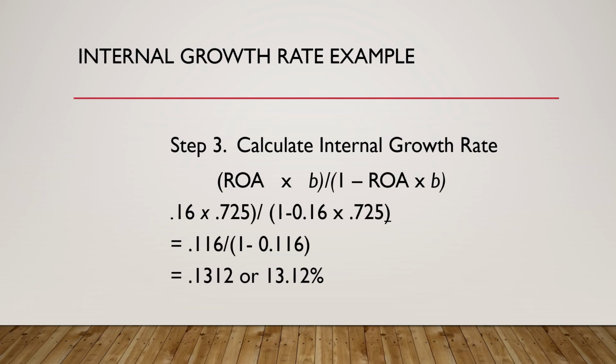Remember, we calculated the return on assets as 0.16 and the plowback ratio as 0.725. The first line is writing that information out, and the second line is doing some of those calculations. Our final internal growth rate is 0.1312, or converting it to a percentage, 13.12%.